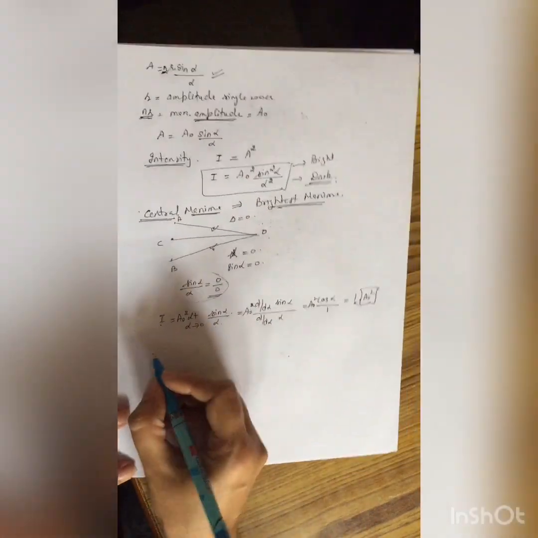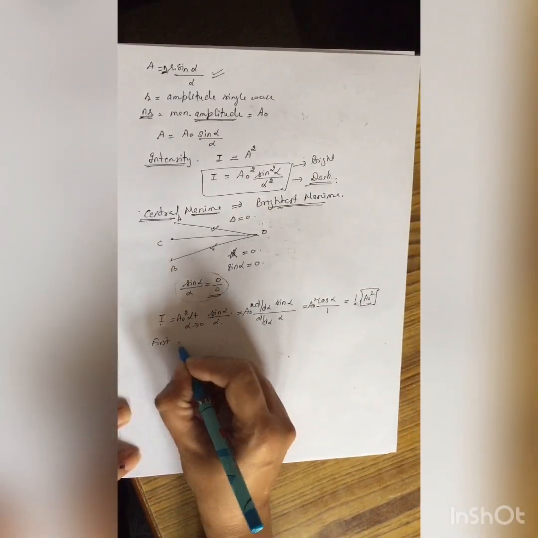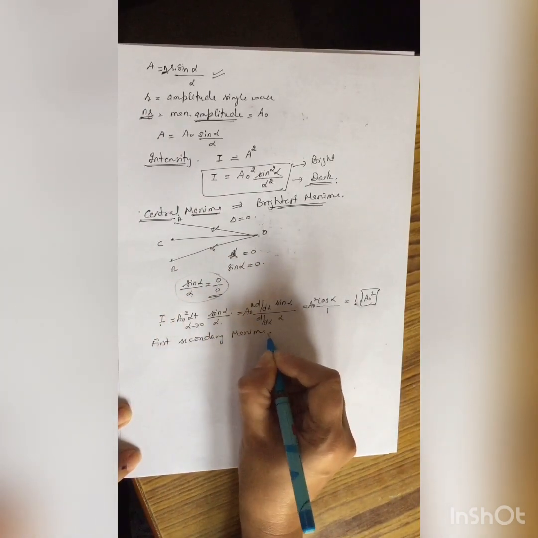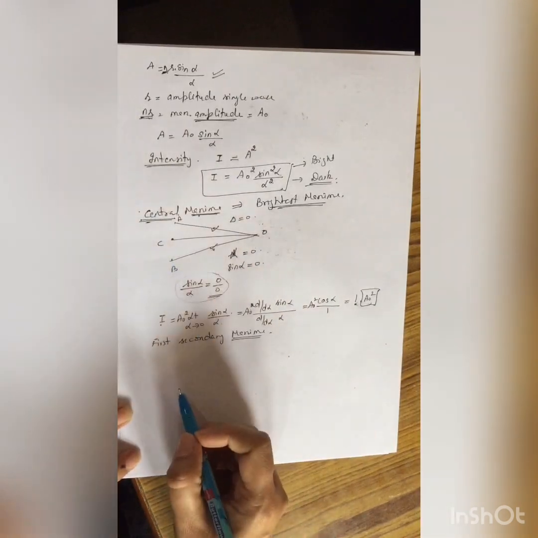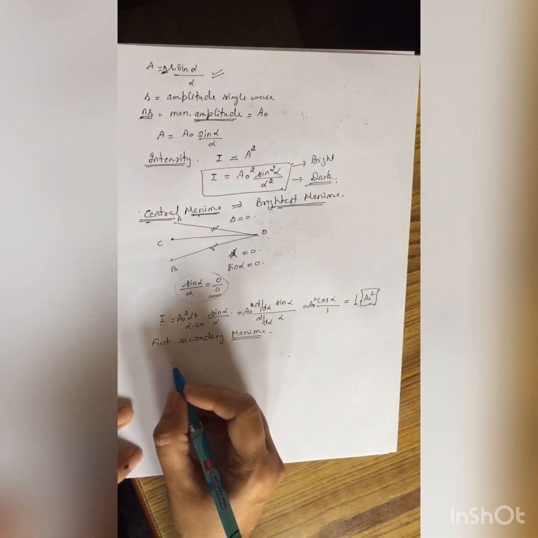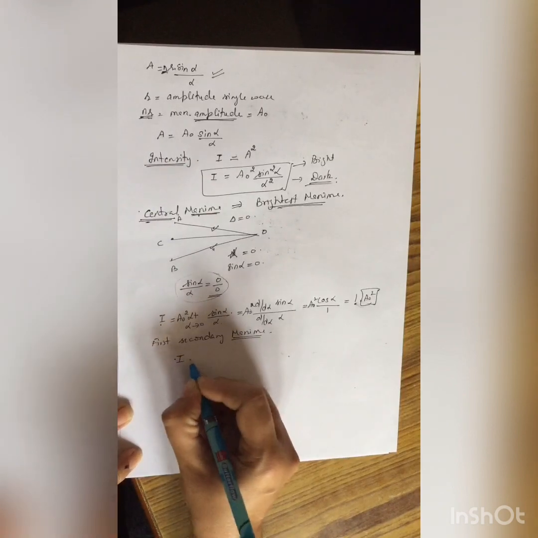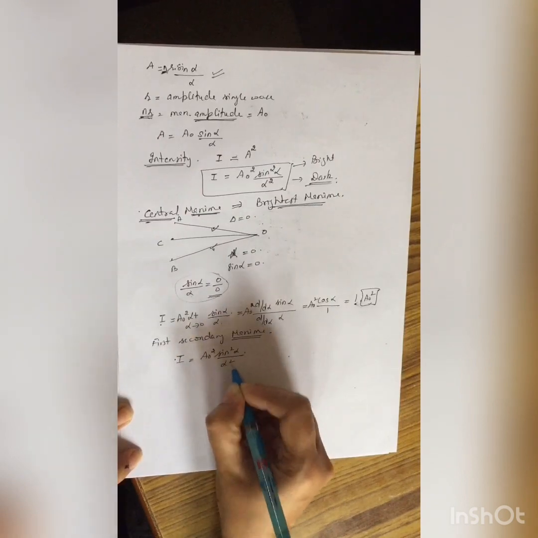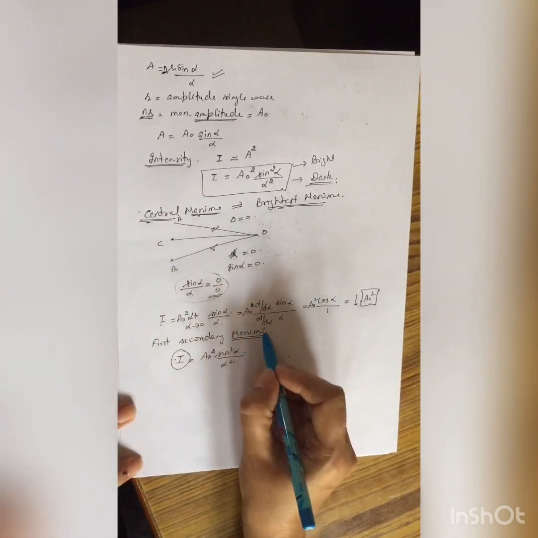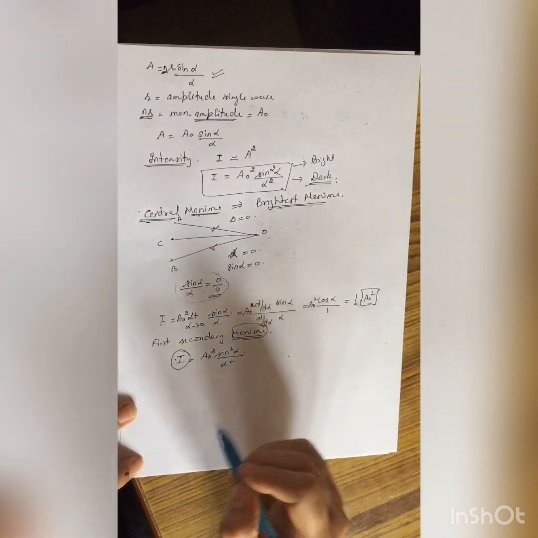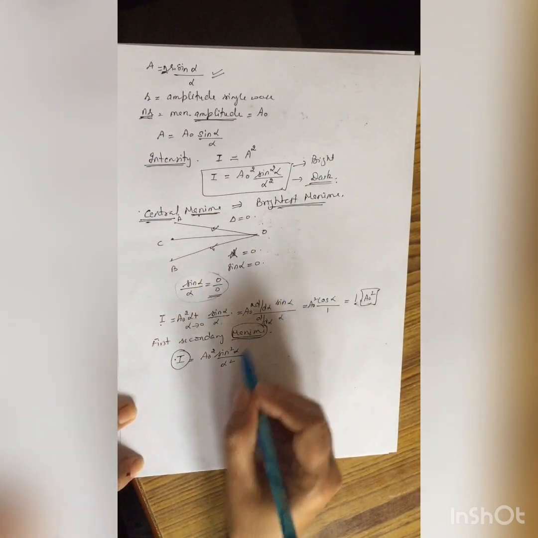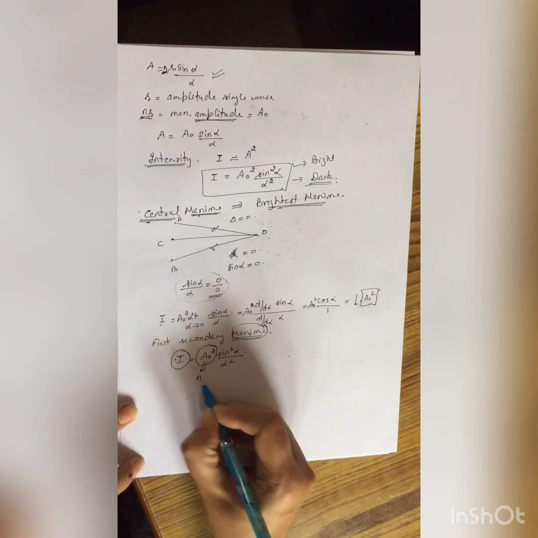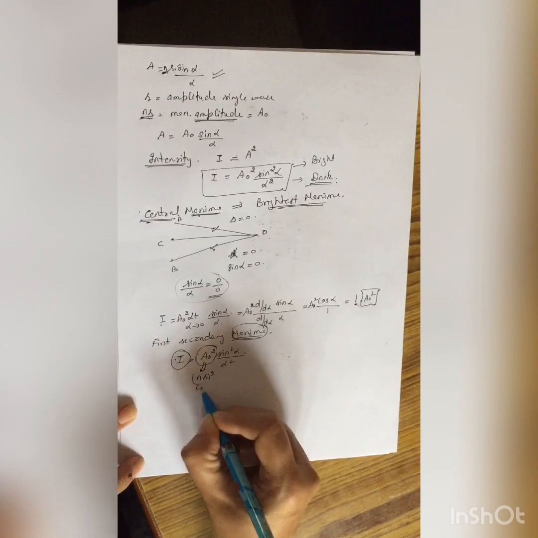Next, the condition for the first secondary maxima, that is the maxima above and below the central maxima. Again, I is equal to A naught square times sine square alpha upon alpha square. This formula will give the intensity. Again, we have to find the condition for maxima, and the value of A naught square is independent of alpha, because n into r square is a constant term.